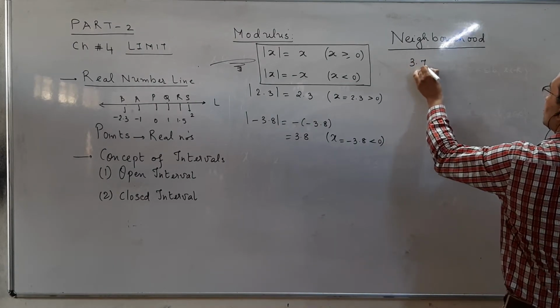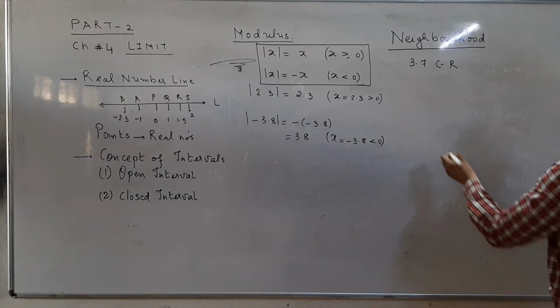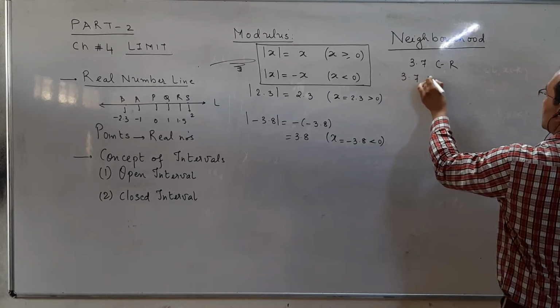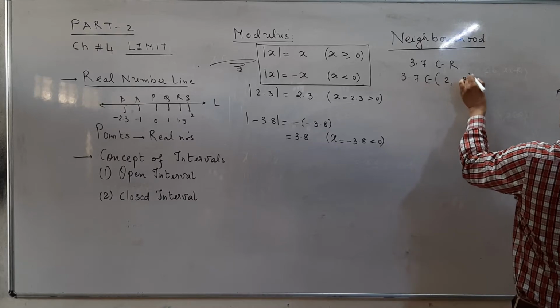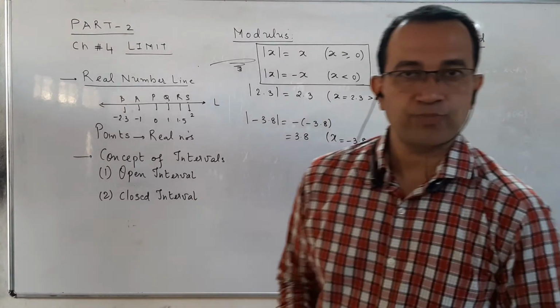Say 3.7 is a real number and 3.7 belongs to the open interval (2, 8). Yes or no?